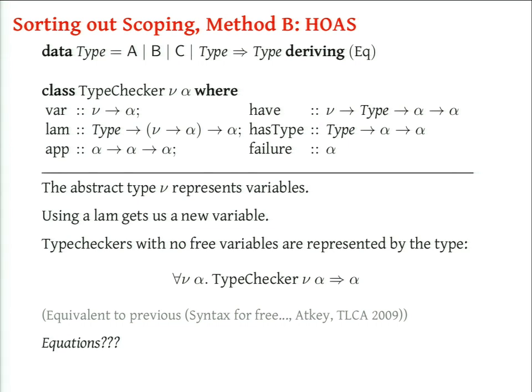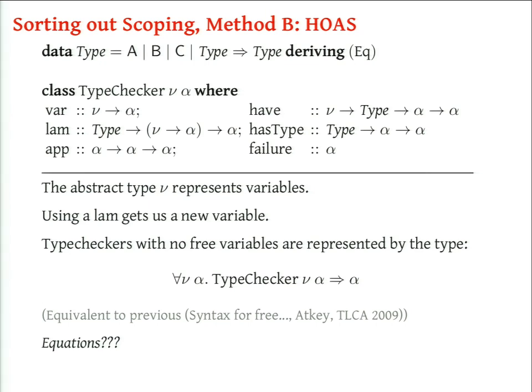However, when you actually write these things, it's incredibly bureaucratic, constantly shifting things and worrying about numbers. So a nicer way of presenting this is to use higher order abstract syntax, where we parameterize the typechecker type class by this extra v, for variables. This represents abstract pointers back into the environment.